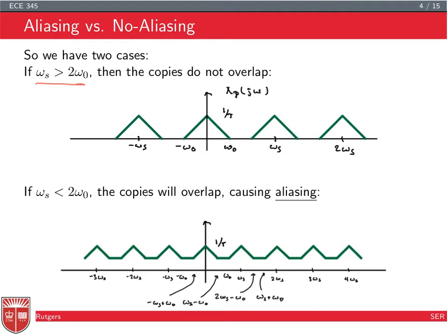Now, if you're sampling with a lower frequency, meaning you're undersampling your signal, meaning your T s is big, so you're not sampling fast enough, then you're going to have aliasing because these copies are going to overlap and somehow you lose the shape of the original signal in the spectrum of the sampled signal. So you start seeing here that you don't know what's going on in this part here.